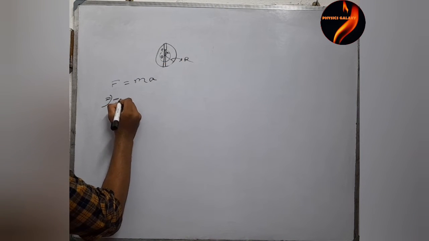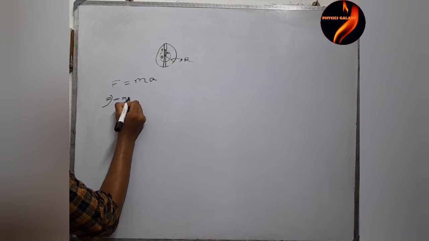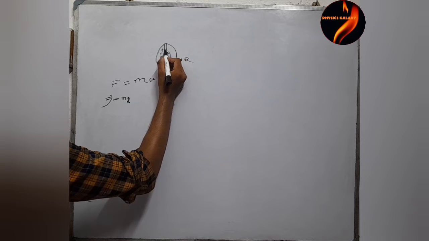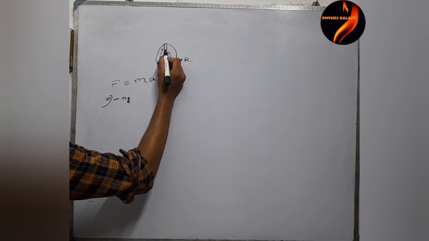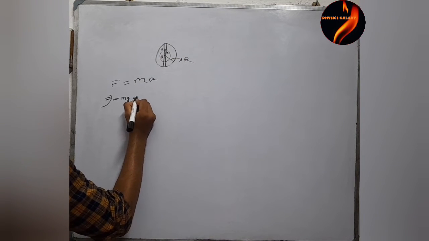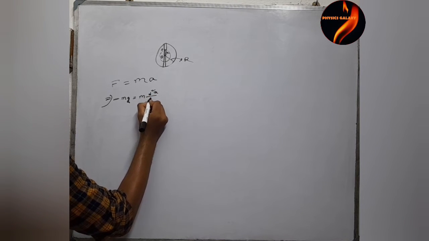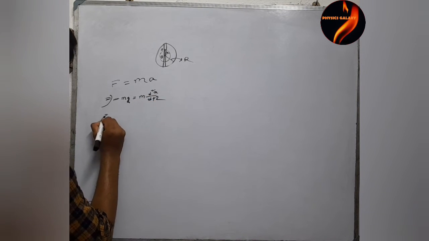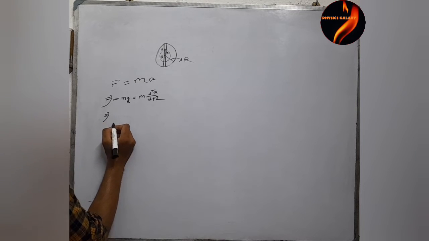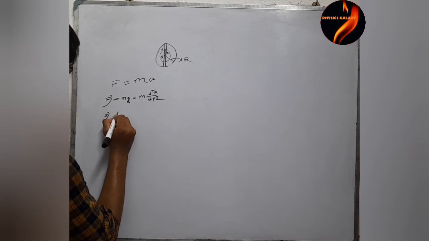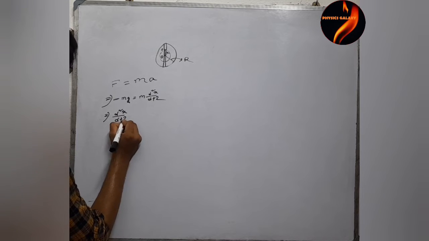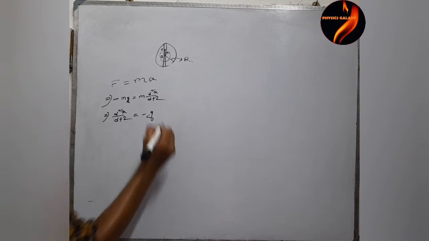So it should be m, the mass of the particle, and g, where g means the gravitational acceleration at the point. The force should be equal to m into d2x by dt2, and d2x by dt2 will be minus g.